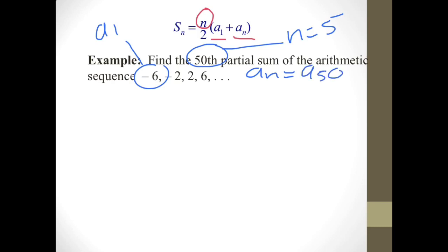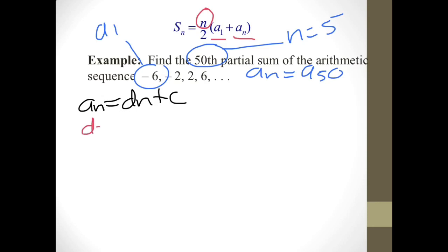So to find my 50th term, I'm going to have to generate the formula to find terms in the sequence, which means I need to find my a sub n equals d times n plus c equation. And I could then use that to find my 50th term. I've already established what a sub 1 is. Let's talk about d.